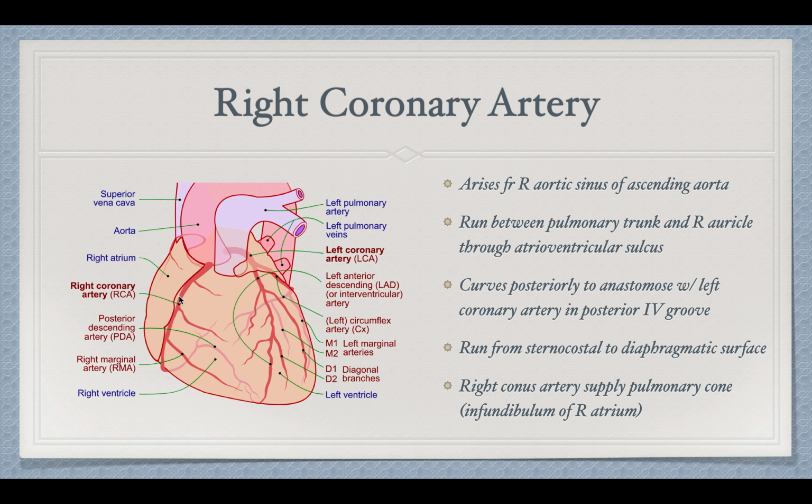So the right coronary artery has these branches. It has the posterior descending branch, which goes down more towards the apex, and then the right marginal branch in the front, and it also goes down to the apex, but this time in the anterior of the heart.